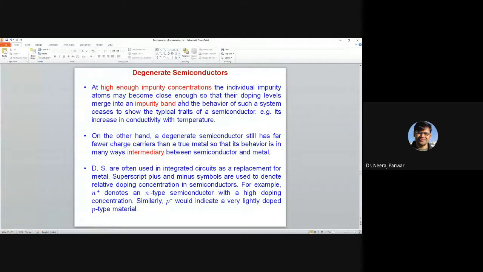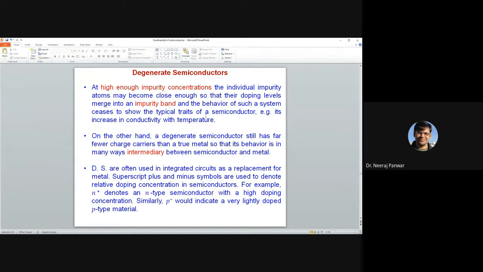This band will overlap with the conduction band for n-type semiconductor, and for p-type semiconductor it will overlap with the valence band. So such a degenerate semiconductor ceases to show the typical behavior of a semiconductor.